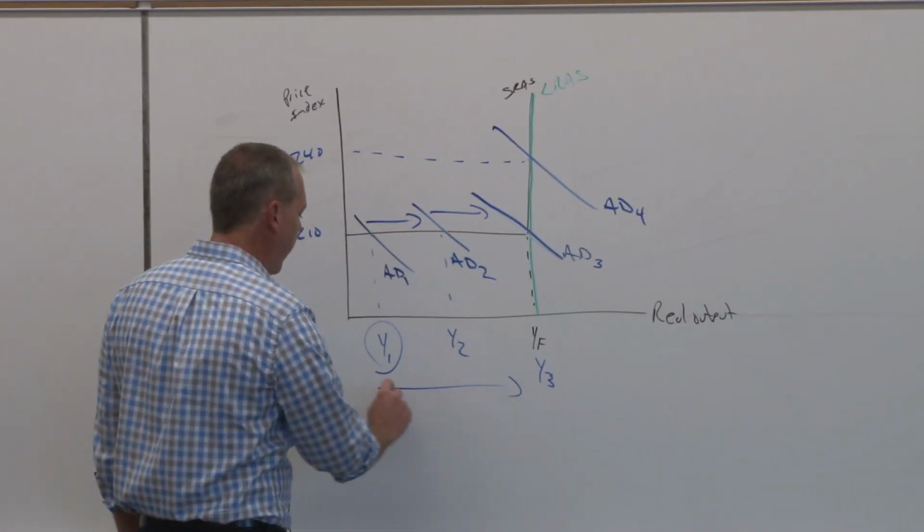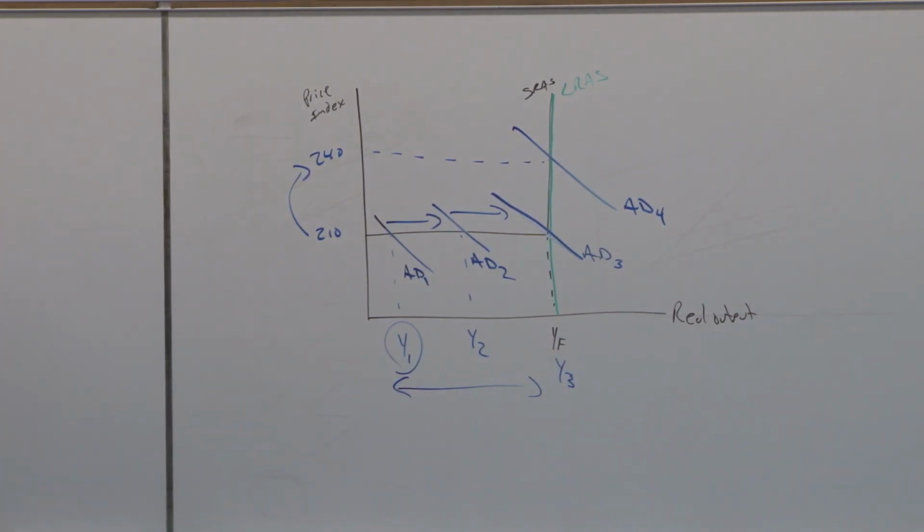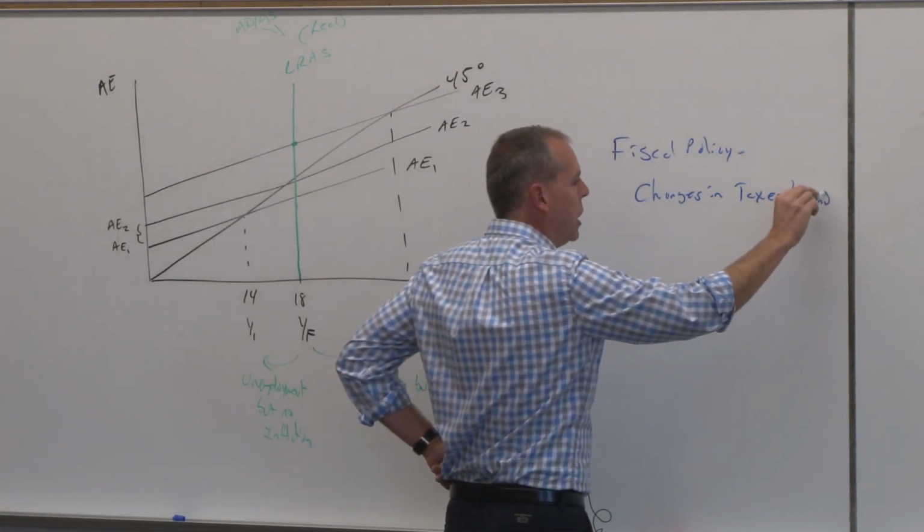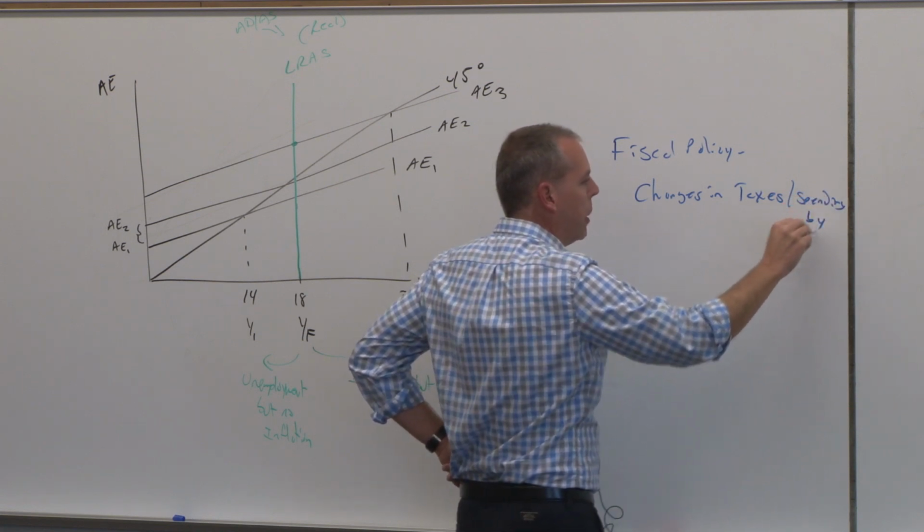So we're looking at these changes in aggregate demand, and like we said, the easiest way to do this is through changes in G. And we've got basically two different types of policies that can lead to these changes. The first one is called fiscal policy, where we're looking at changes in taxes or spending by governments.